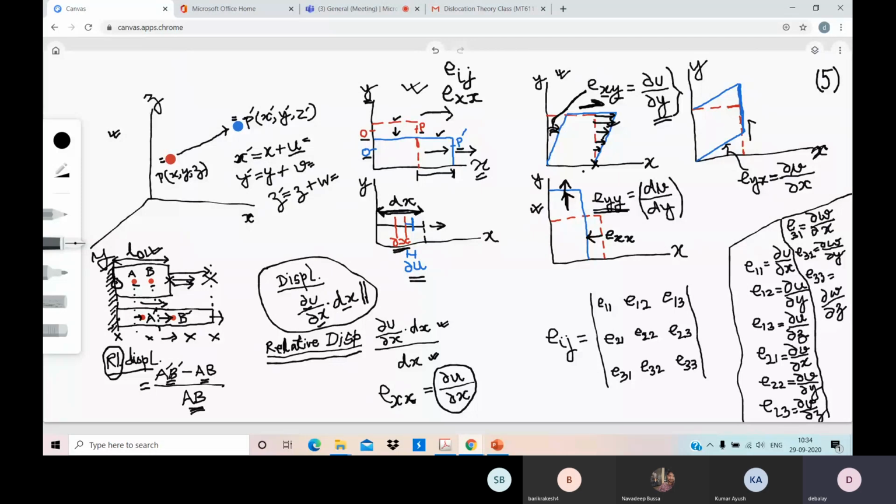So if you apply a stress, say I am writing this stress as sigma YY. So sigma YY stress not only causes a strain EYY along the direction Y, but it also leads to a displacement, relative displacement EXX.